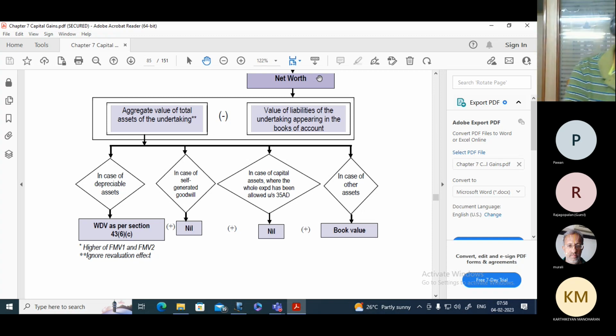As far as the net worth is concerned, aggregate value of total assets and liabilities, double star mark, higher of the two. This is the full value of consideration. For net worth, value of liabilities, in case of depreciable assets, WDV. In case of self-generated assets, it is going to be nil. In case of other assets, nil.